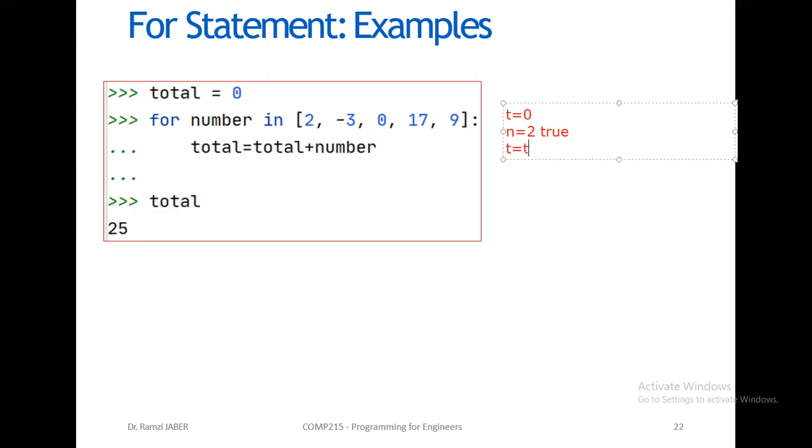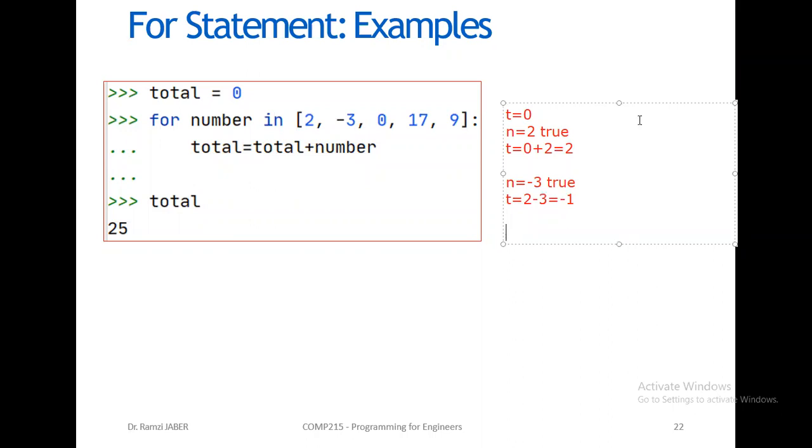The new t equals old t, which is 0, plus number n, which is 2. So t equals 2, and repeat. What does repeat mean? Move plus 1 in the list, so the new n equals minus 3. Minus 3 is inside the list, yes, true. If true, go and make new t equal the old total, which is 2, plus number. Here it is minus 3, so we get minus 1.